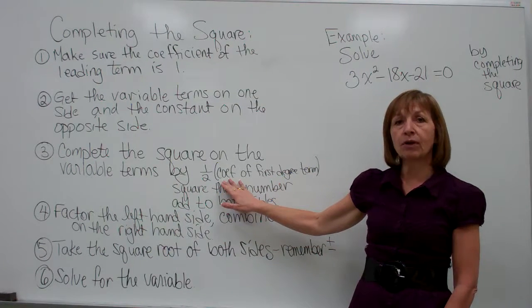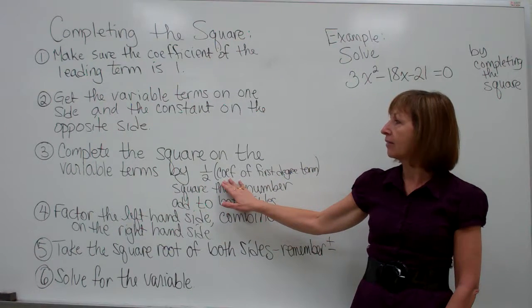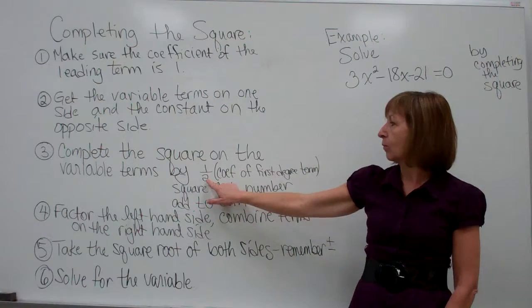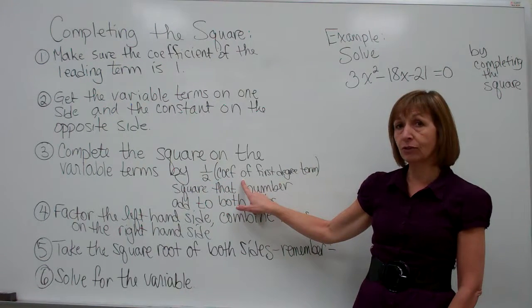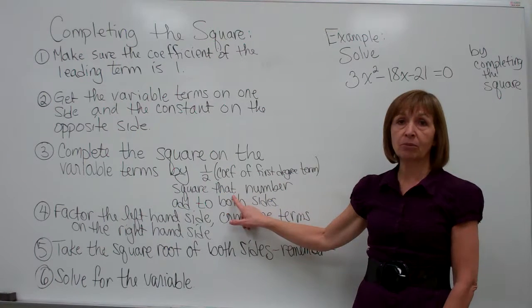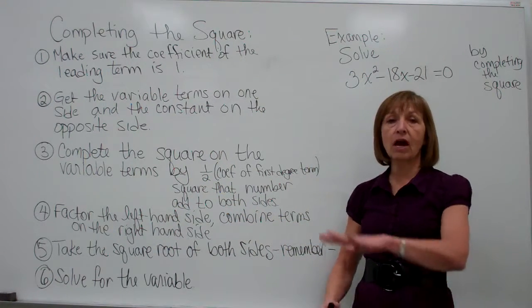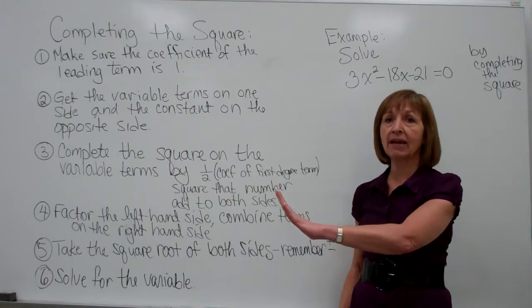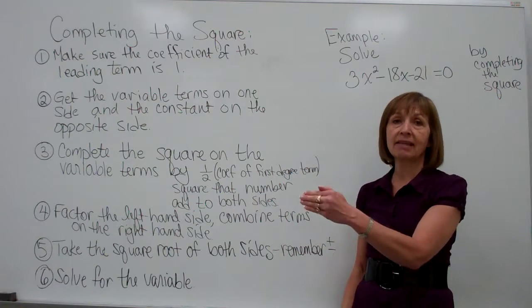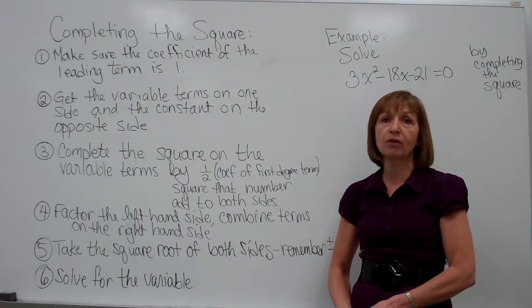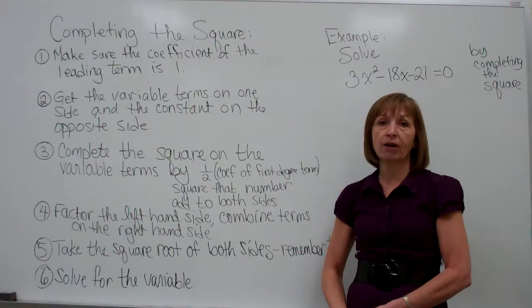Once we do that, we're going to complete the square on the variable terms by taking 1/2 the coefficient of the first degree term, squaring that number, and adding it to both sides. That will force our variable side to have 3 terms, and the 3 terms will be a trinomial that comes from a square of a binomial.